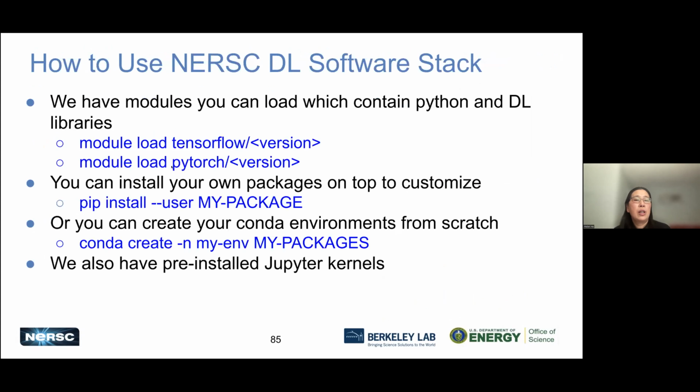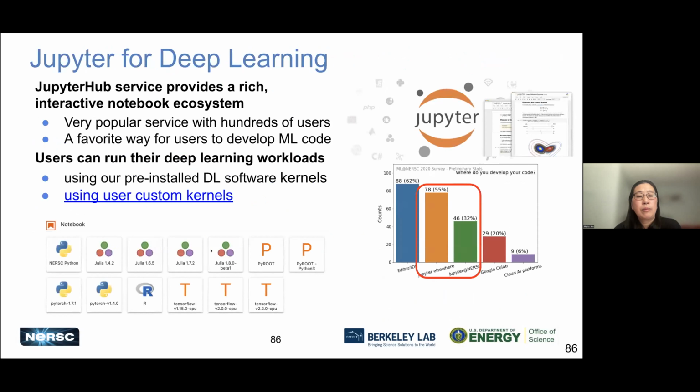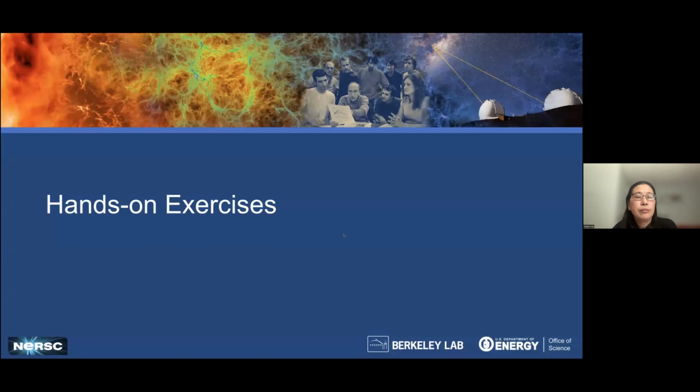If you're not using Jupyter, then you module load a version and pip install, and you can install your own packages with conda create. And we have some pre-installed Jupyter kernels like these, like TensorFlow here, different versions, PyTorch, you can see that. And you can also use your own custom kernels, like I mentioned for the Jupyter, how we did this for the Jupyter kernels.